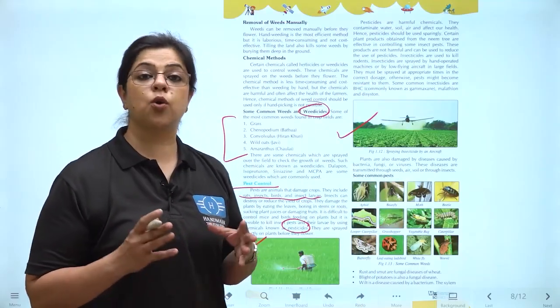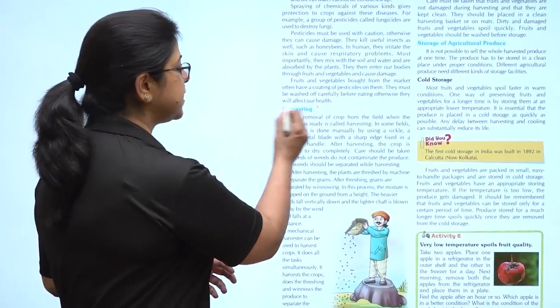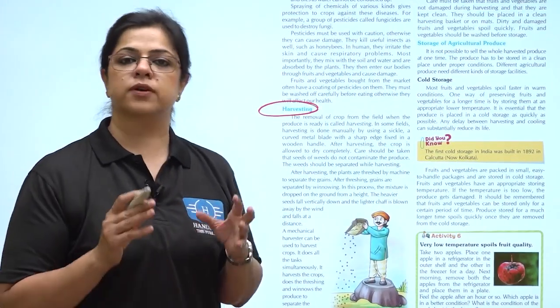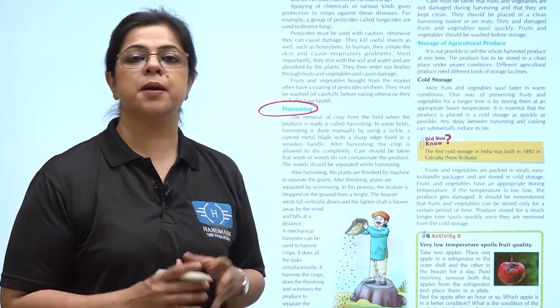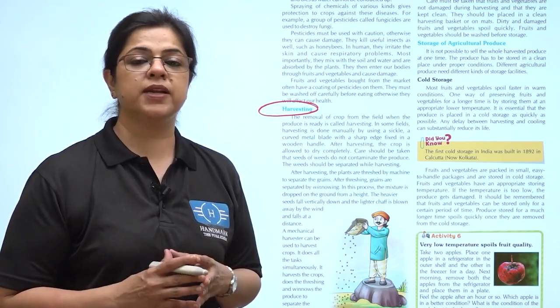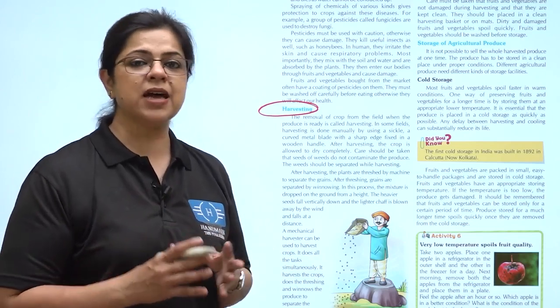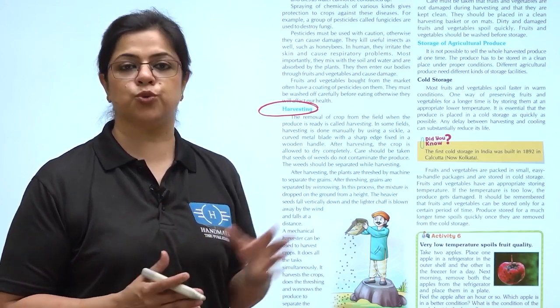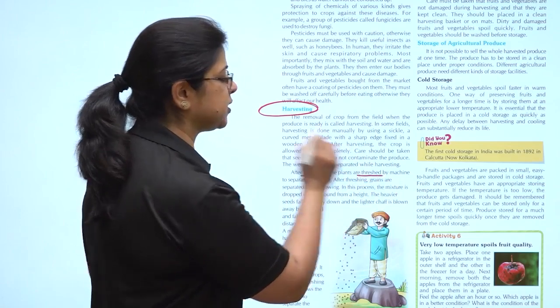Once the crops are all ready, they have to be harvested. Harvesting is the next step of agricultural practices. Harvesting is usually done manually in India, but nowadays farmers are also using tractors called harvesters. These harvesters remove the crop from the root. The next step after harvesting is known as threshing.